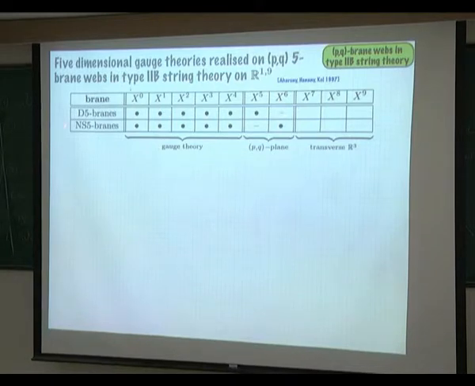I take a number of D-branes, which are stretched along x1 to x4, and in the x5 and x6 directions, and a number of NS5 branes, which also stretch along the x0 to x4 directions, also stretching in the PQ plane. So here's the plane which defines the charges with respect to the PQ web. I have a transverse R^3, and in those five directions which are common to both branes, this is where eventually the gauge theory will emerge.